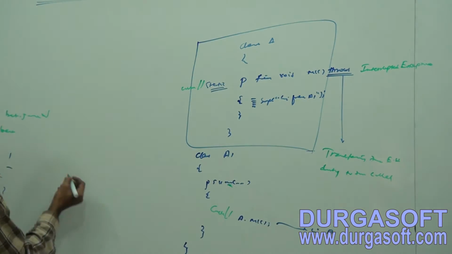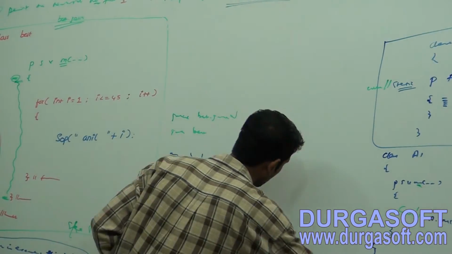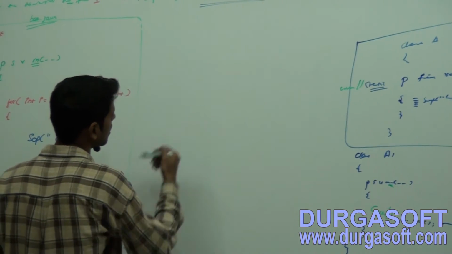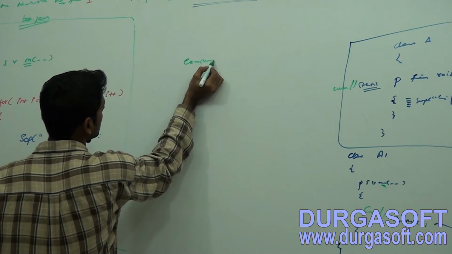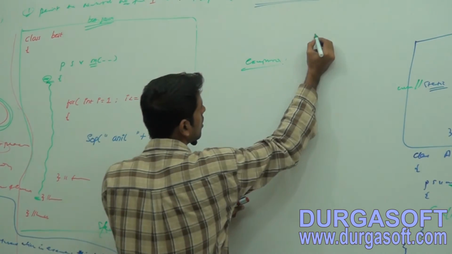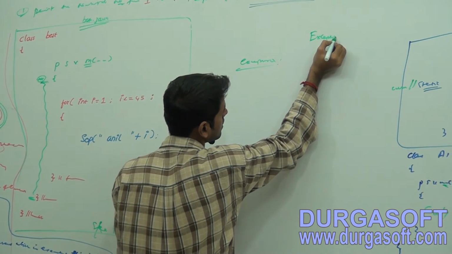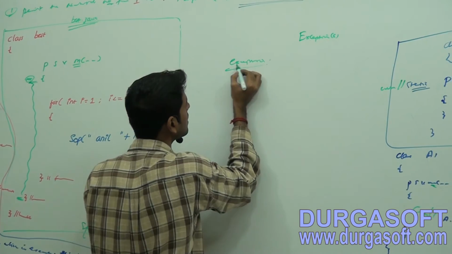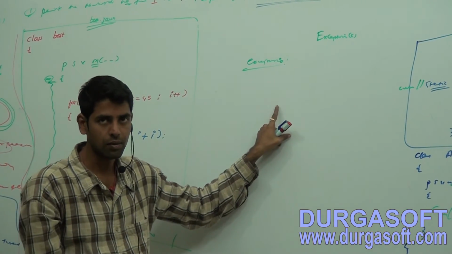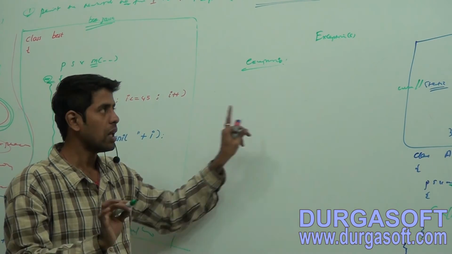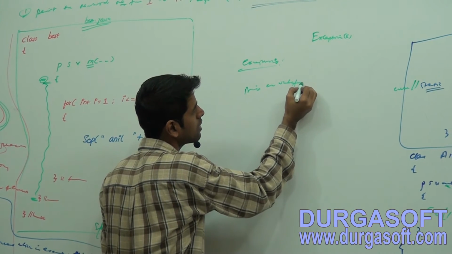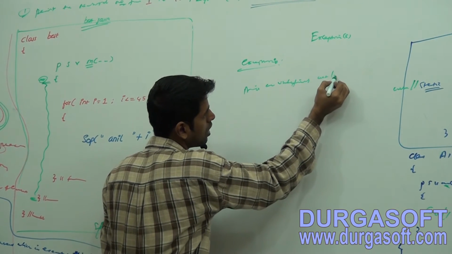Observe here, what is exception strictly? Don't get confused between the exception terminology and the class called Exception. This is a class and this is the terminology. What is an exception? Technical definition: an exception is an undefined act or work.